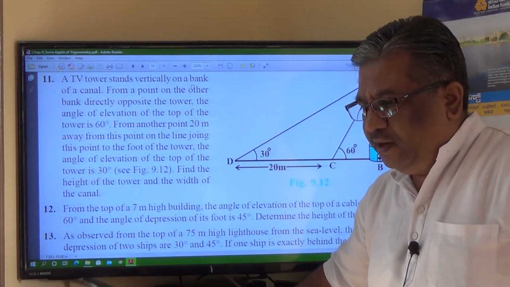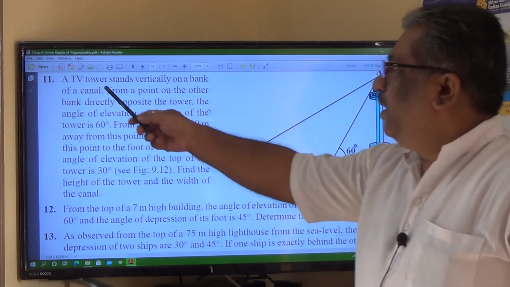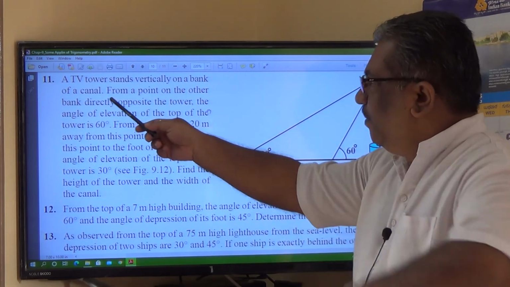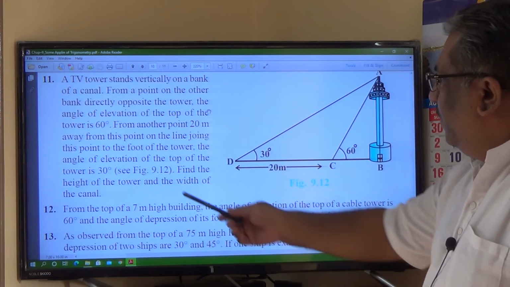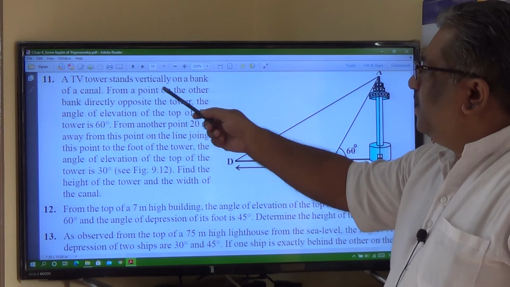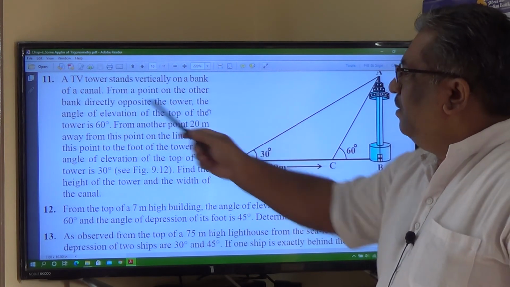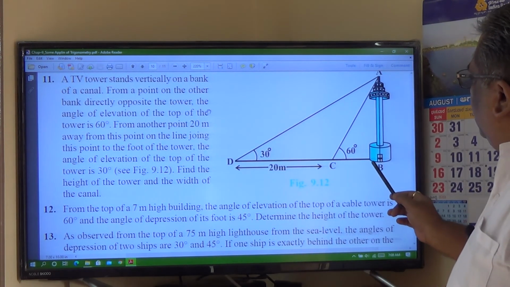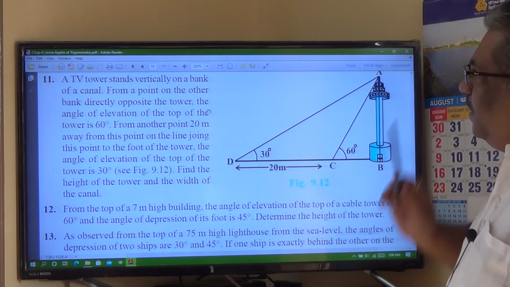Question number 11. A TV tower stands vertically on the bank of a canal. Figure 9.12. It's given here. A TV tower stands vertically on a bank of a canal. This is a TV tower, and there is a canal. It lies on the bank of the canal.